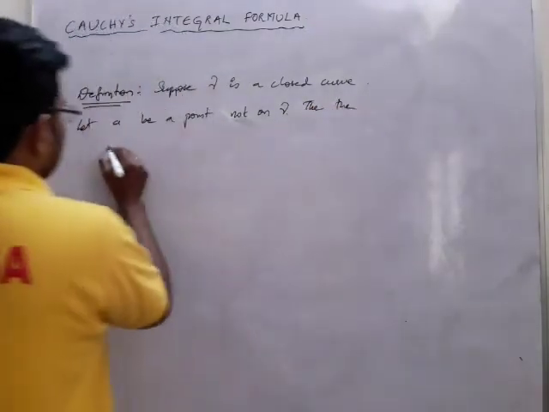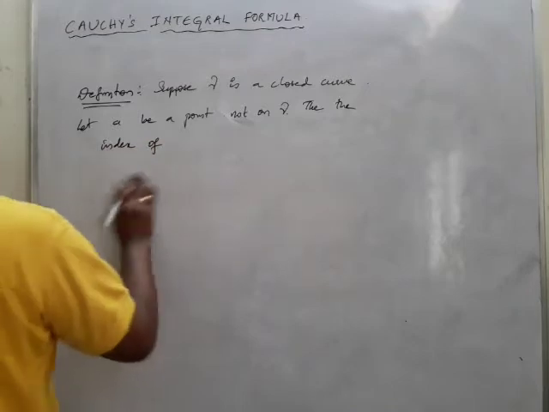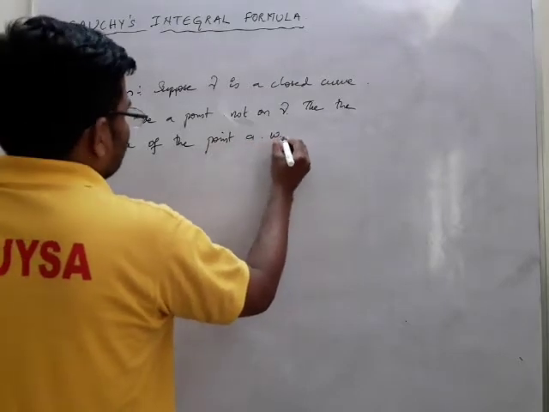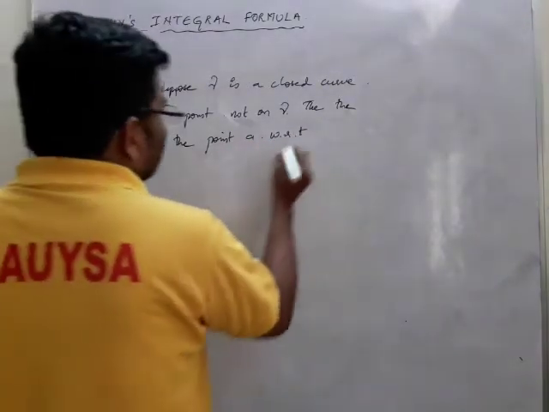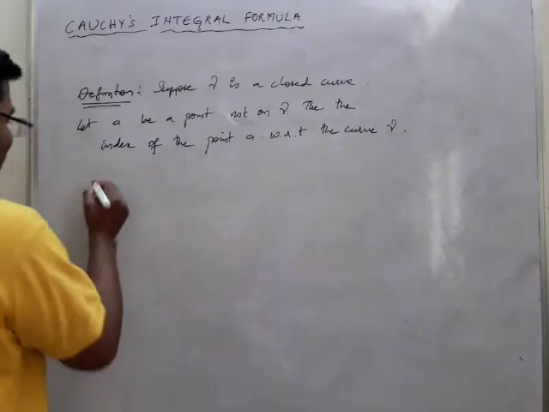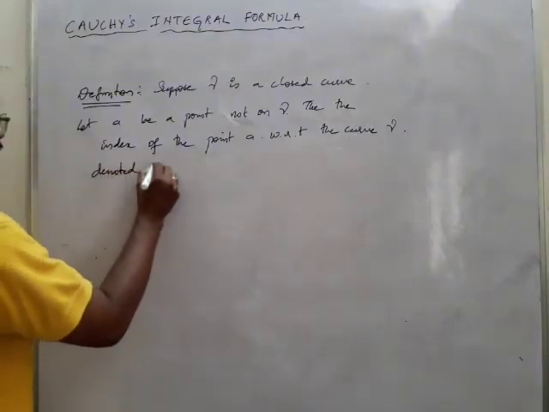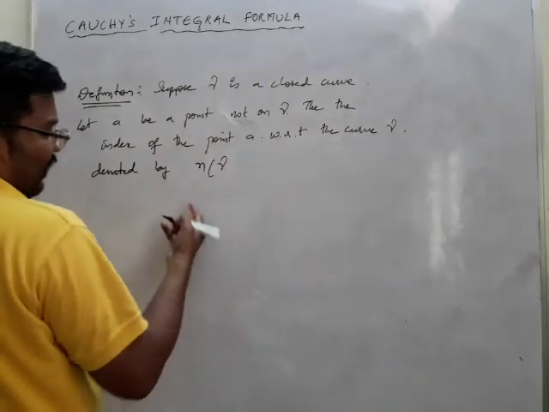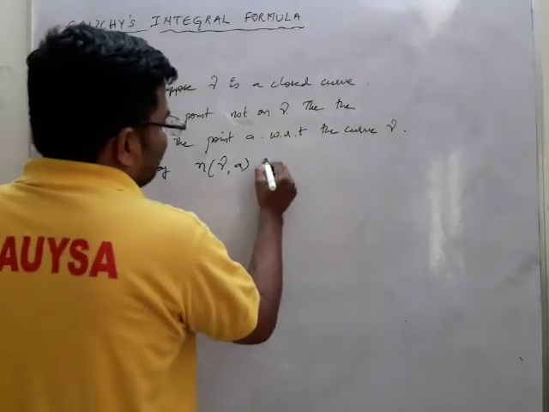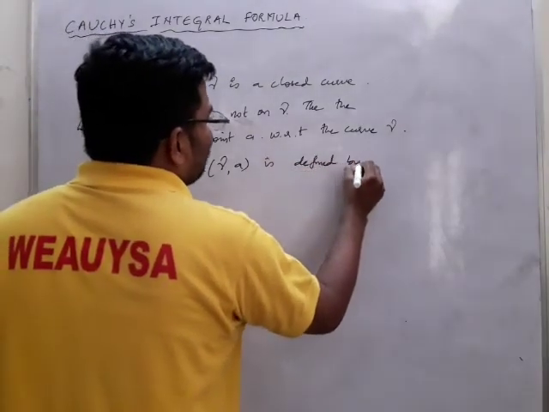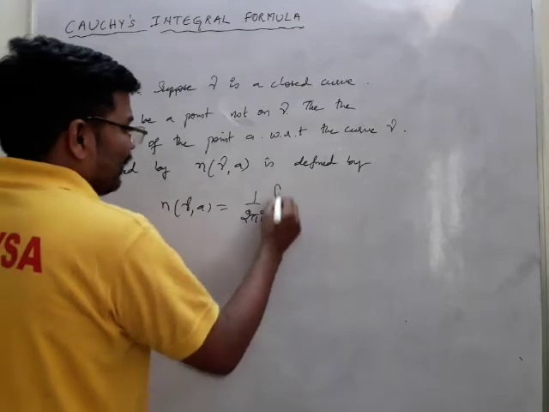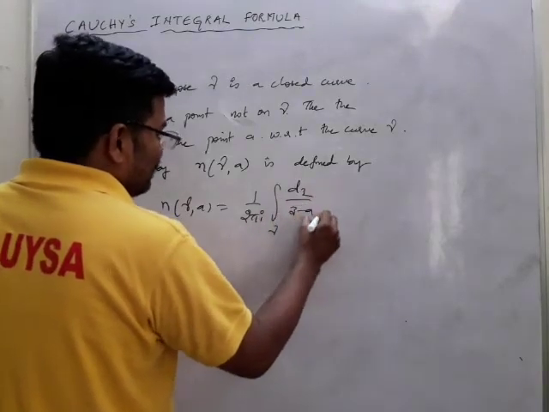Then the index of the point a with respect to the curve gamma, which is denoted by n of gamma comma a, or eta of gamma comma a, is defined by n(γ, a) = 1/(2πi) ∫_γ dz/(z − a).